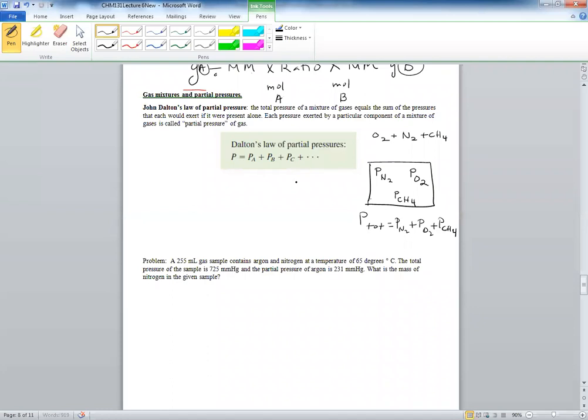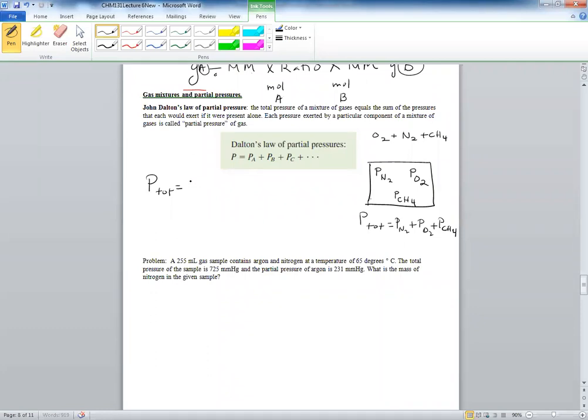You need to remember one thing here: what is going to change is the pressure for each gas, based on the number of moles. So let's say we have this equation, P total.